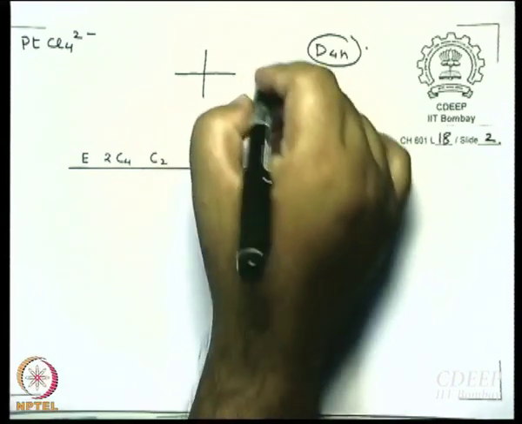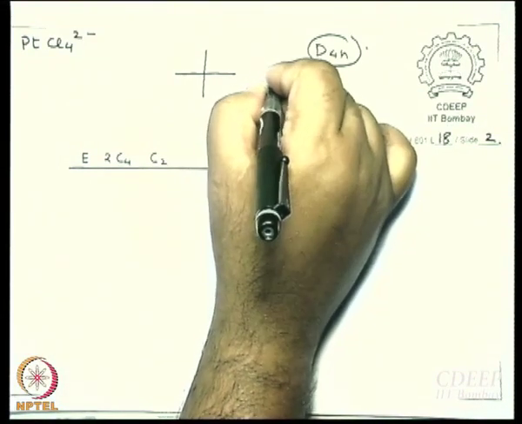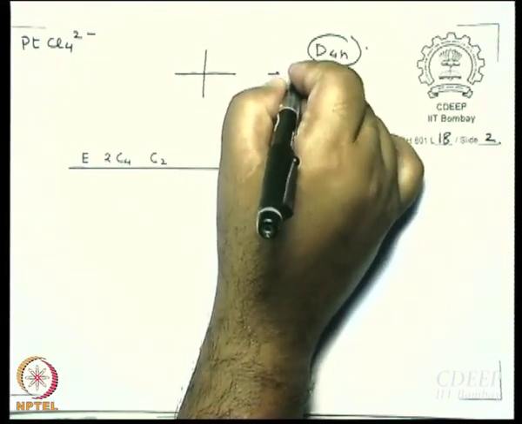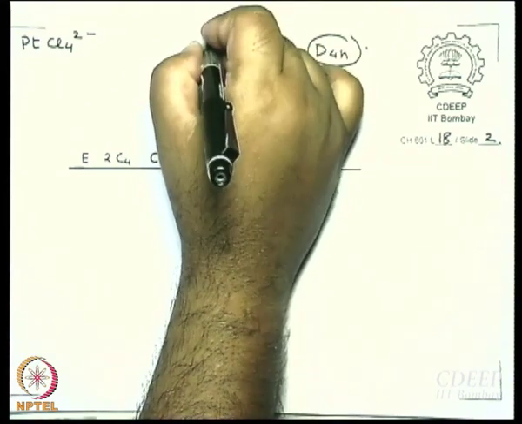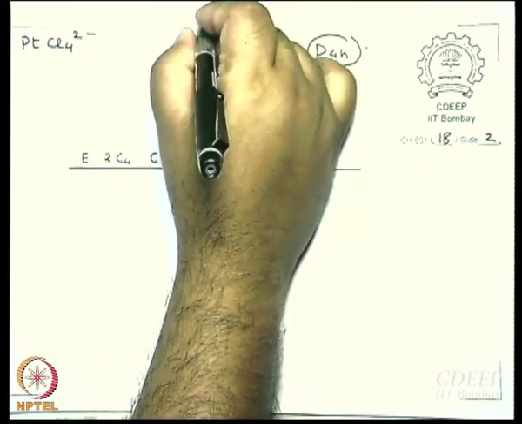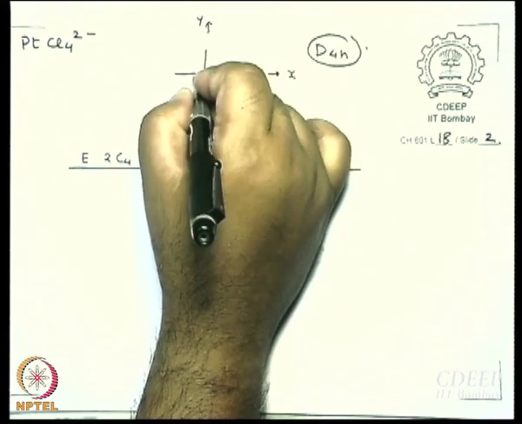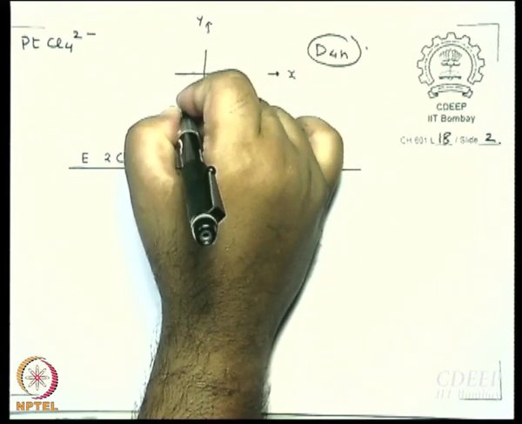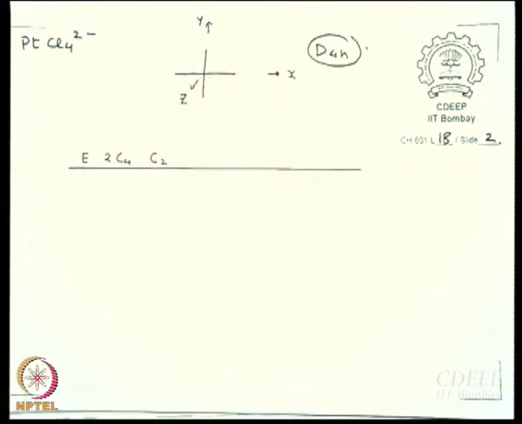Before going further, maybe I will draw the axes. Let us say this is X, this is Y, and then Z will be pointing towards us. Next, do we have more C2s?